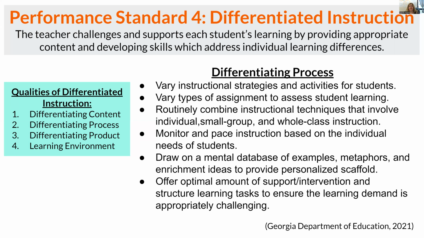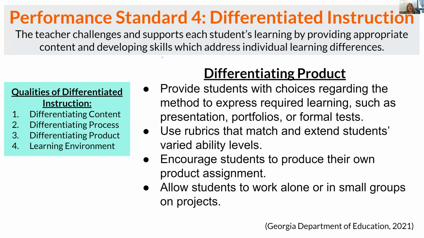Are you routinely combining different instructional techniques to be able to involve individual or small group, a whole group? Are you monitoring? Are you pacing the instruction correctly? And there's a few others there too. So check that out.